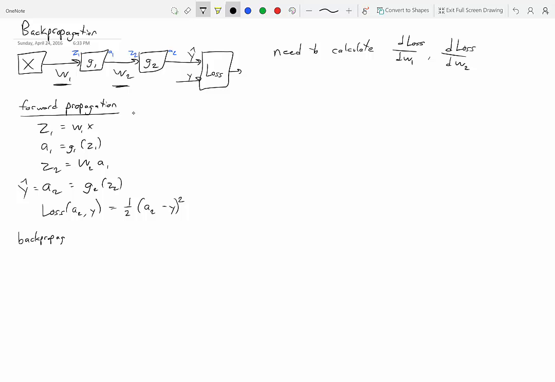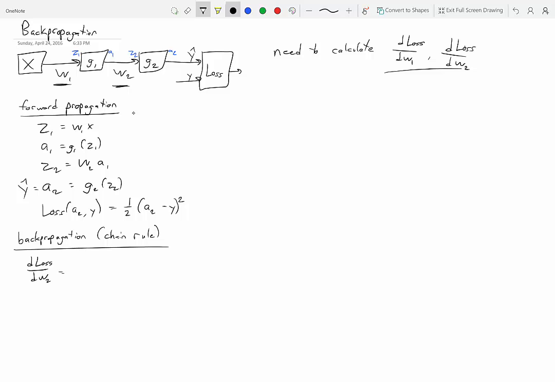to calculate the gradients that we want, which are up here. Backpropagation is just a specific algorithm for applying the chain rule. So first we're going to do dloss/dW2.